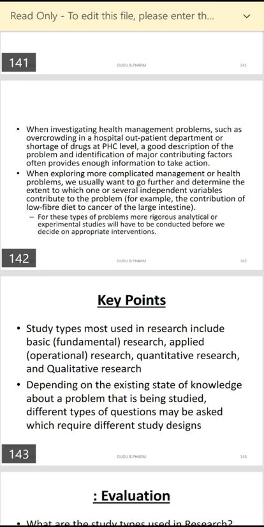When exploring more complicated management or health problems, we usually want to go further and determine the extent to which one or several independent variables contribute to the problem. For example, the contribution of low fiber diet to cancer of the large intestine. For this type of problem, more rigorous analytical experimental studies will have to be conducted before we decide on appropriate intervention.